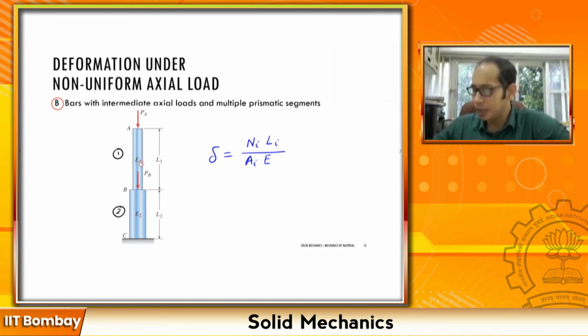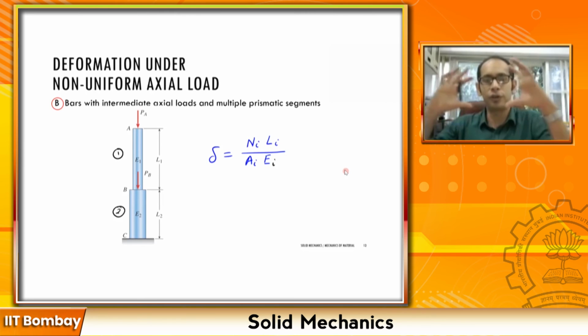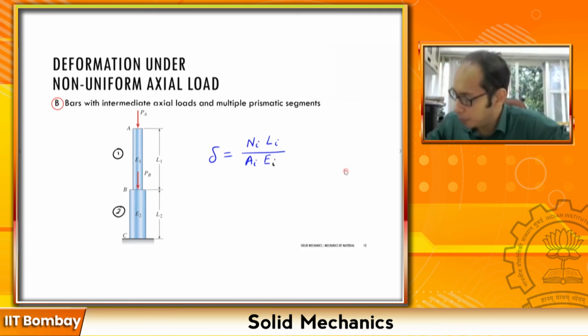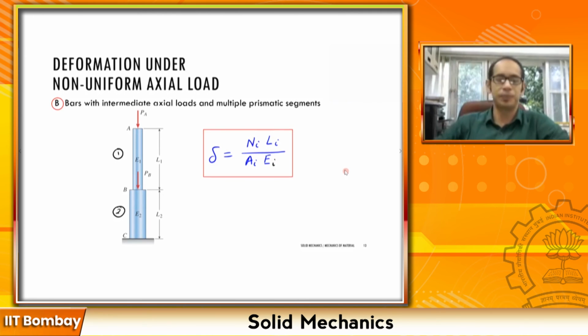Now, as you can see in this example, if we have different materials also, like if we have E1 here and E2 over here, what is going to change in this equation? It is simply going to be Ni Li by Ai Ei. So this is the overall, the most generic formula that you can get. So let me box it properly, as I did in the previous page, something like this over here.